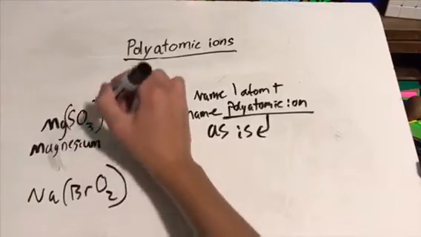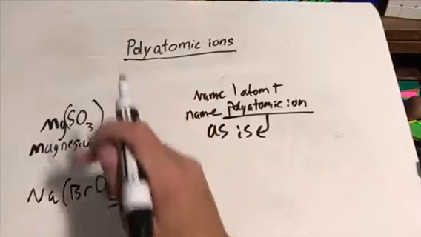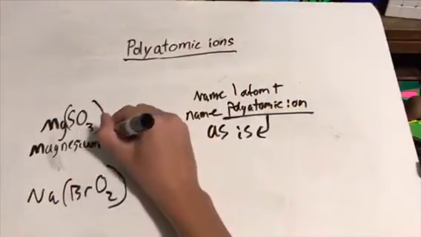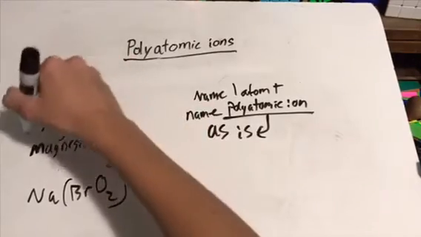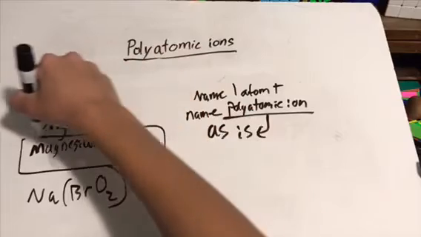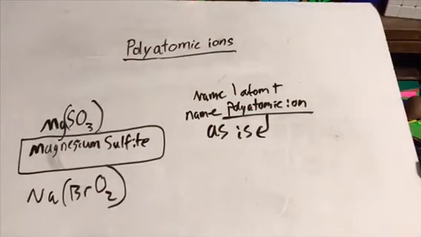And then you write the name of the polyatomic ion. SO3, according to this polyatomic ion sheet, it's right here. That is sulfite. Magnesium sulfite. That's the name. Pretty simple. It's not that hard to do or remember.